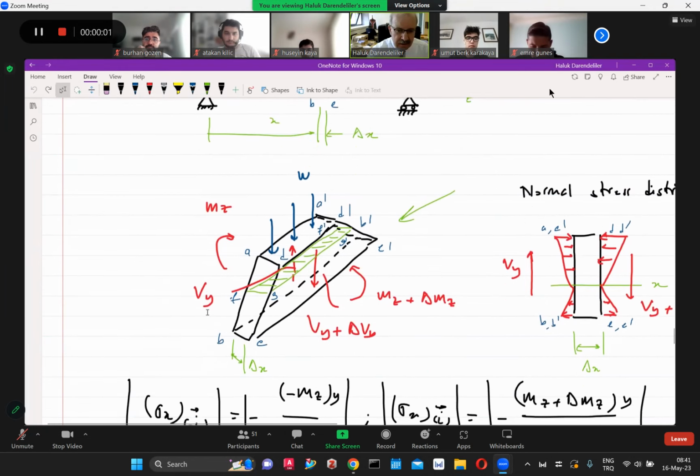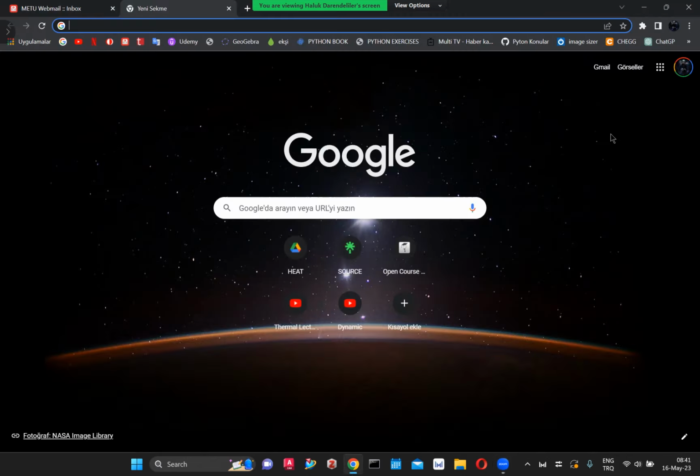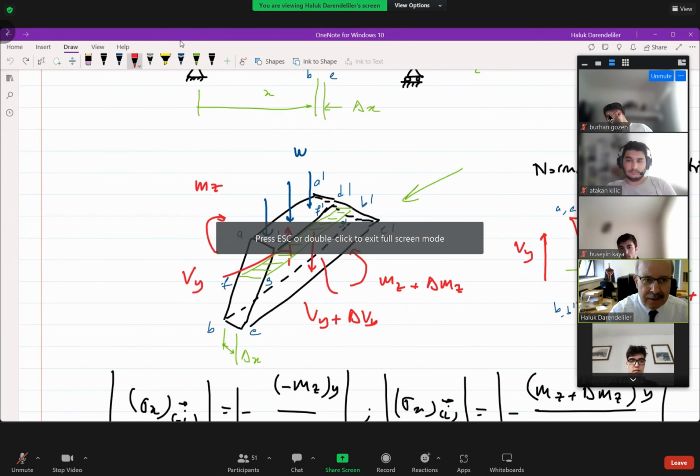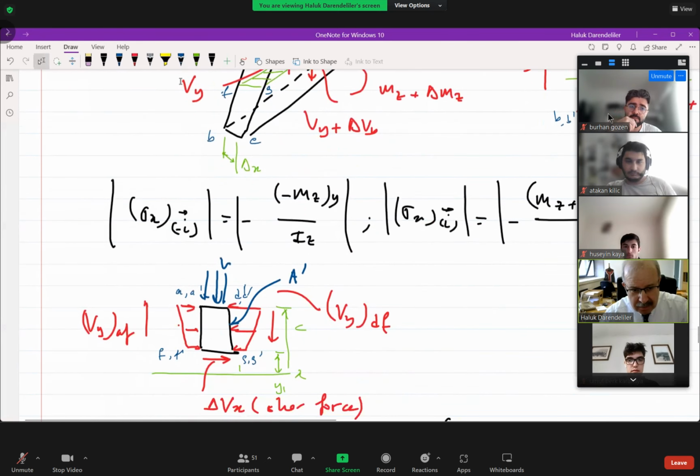And in this element that we are now seeing on the screen, we obtain the force balance. Now look at the green plane, F, G, D prime, B prime. We have taken the upper portion of that infinitesimal element, look here.